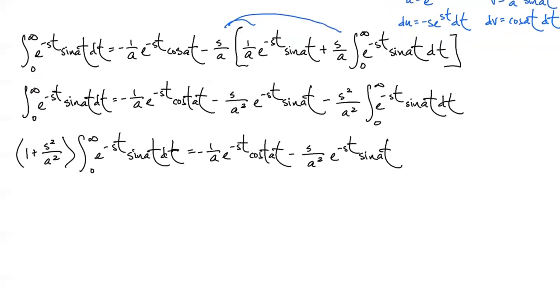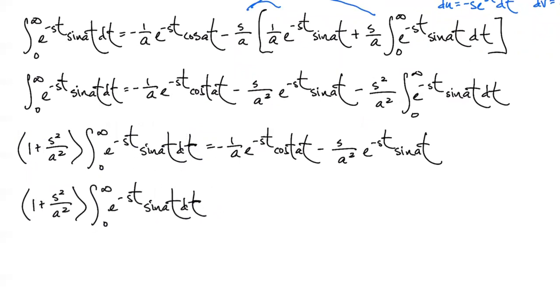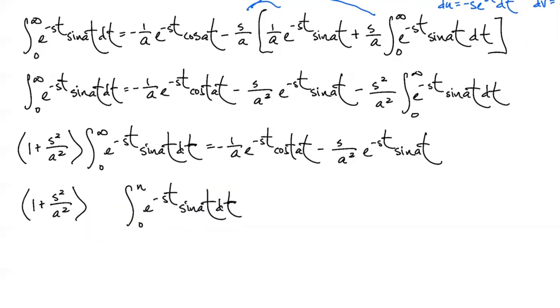And so what we're going to do here, we're going to keep this left-hand side for right now. The one change we're going to make is we're going to say that that infinity becomes an n. And we're going to say the limit as n approaches infinity. All right, so we're not changing the problem.